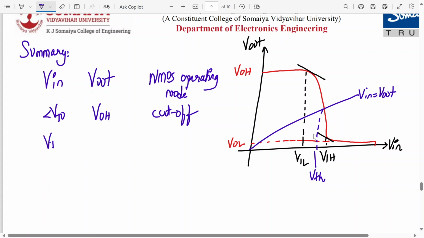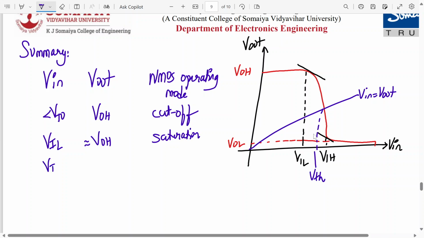Second, V in is VIL, output is almost equal to VOH. Which region of operation is it? Saturation.